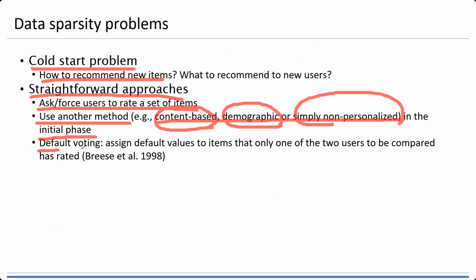Or default voting. It means assigning default values to items that only one of the two users to be compared has rated. So this one is the default voting. If you are a new user, in some websites they distinguish between a local and a foreigner.